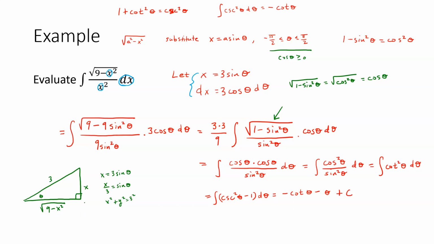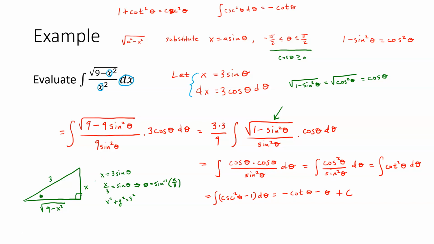Okay, so now the question is, what's cotangent theta and what's theta? So here we can use the equation sine of theta equals x over 3 to get theta equals sine inverse of x over 3. Good, so we got an expression there to insert for theta.